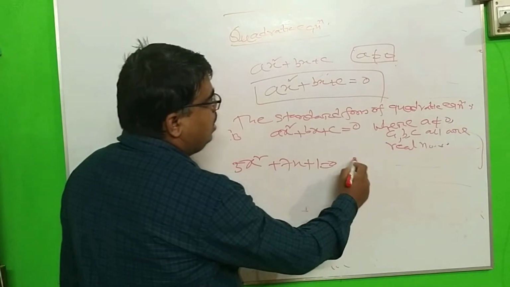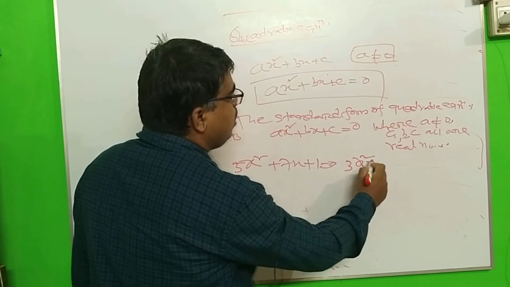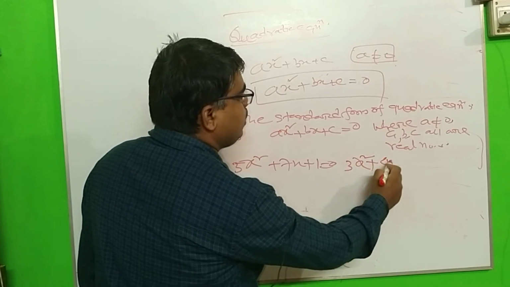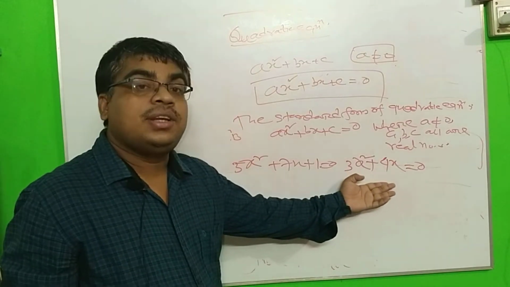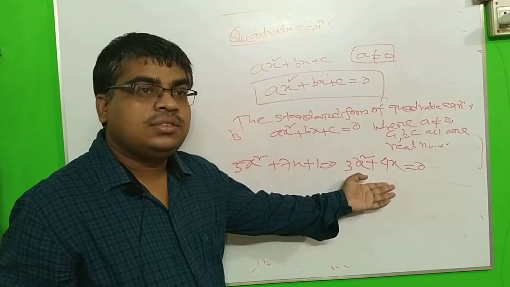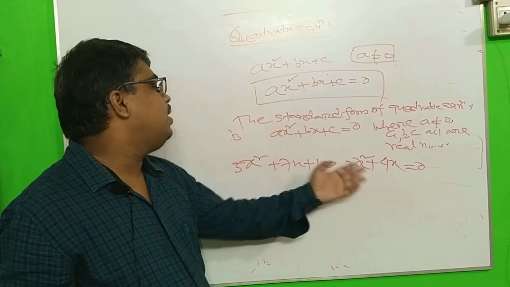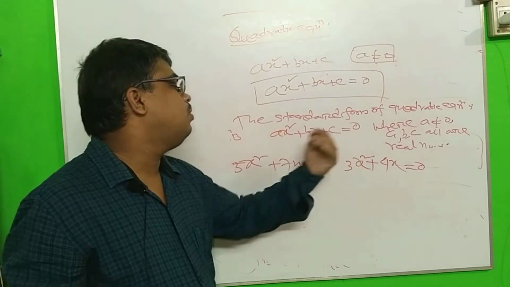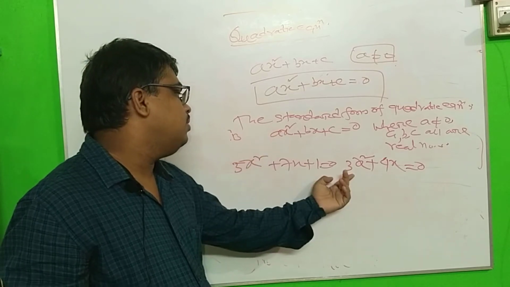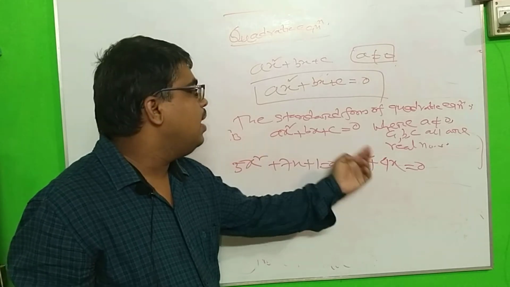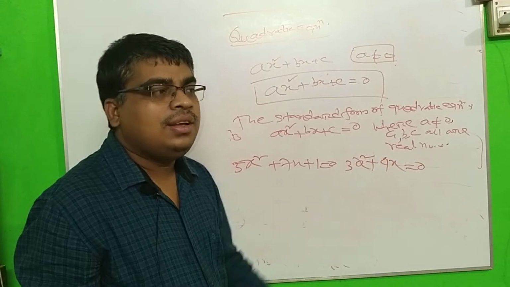Again, 3x square plus 4x equal to 0 is also a quadratic equation. If we compare it with ax square plus bx plus c equal to 0, we get a equal to 3, b equal to 4 and c equal to 0.